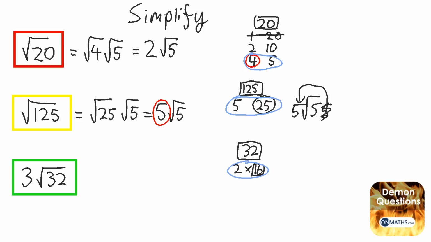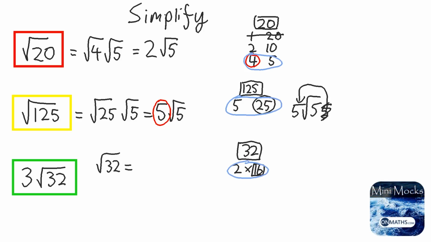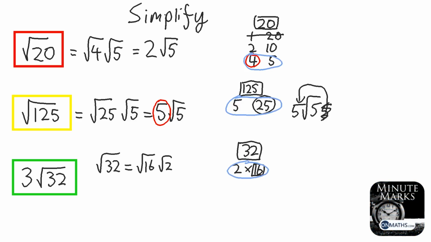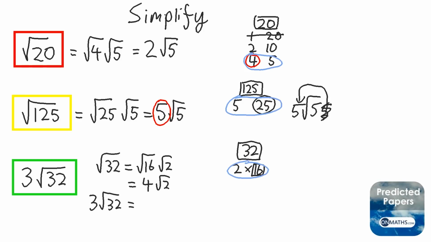So what I'm going to do is I'm just going to change the question to just root 32. And that is the same as root 16. Square number goes first, root 2. I know root 16 is 4, so it's the same as 4 root 2. Now 3 root 32 is just 3 times bigger than that.